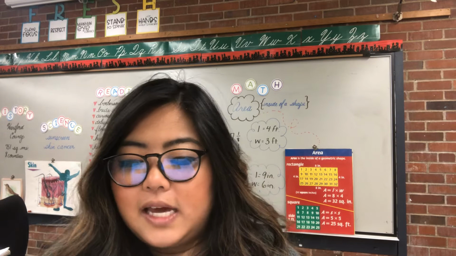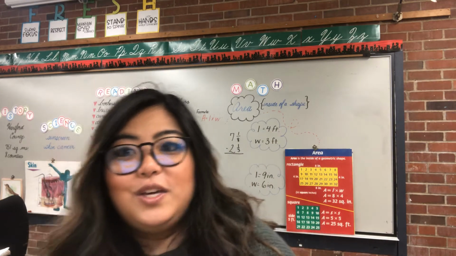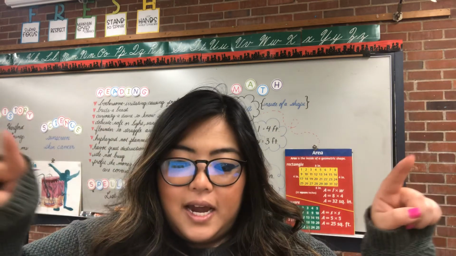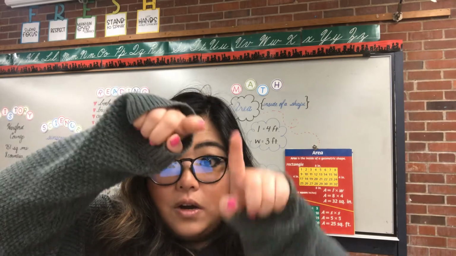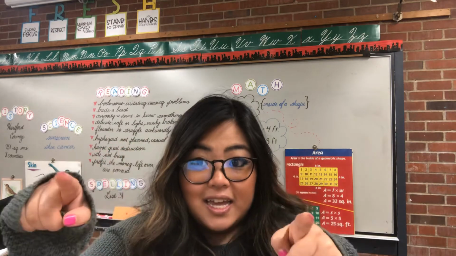Now it says, is there a better way to find the area without dividing the object into square inches and counting the squares? You might have noticed something. How many are going across? 6. There's 6 across, and there's 3 down. 6 times 3 is 18 square units.